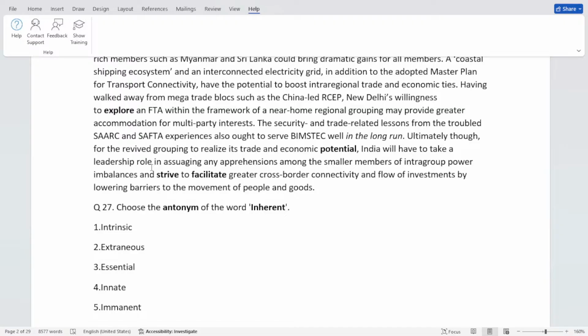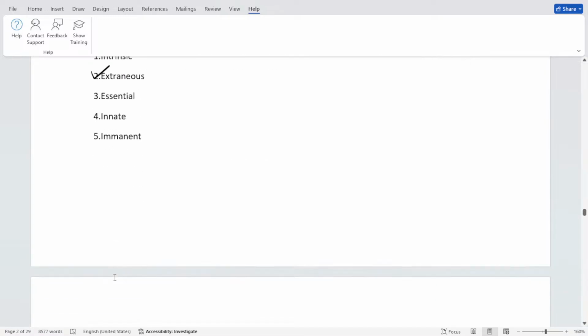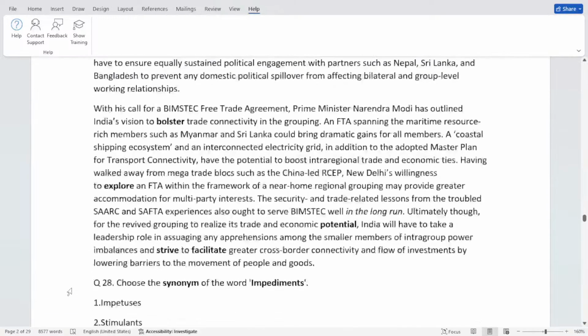Accordingly, here they gave a first option, intrinsic, belonging to something, and extraneous means out of the zone, and essential means very important, and innate is nothing but naturally it comes. Innate means already existed. So accordingly, we have to find out the opposite words. What were the correct answers? Extraneous. So now we will go for the 28th question.